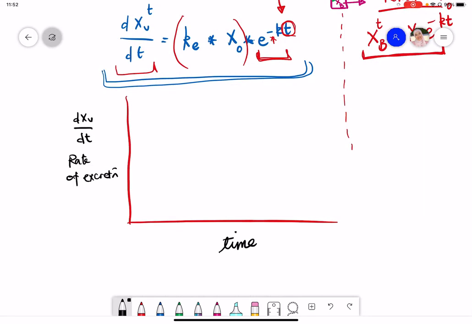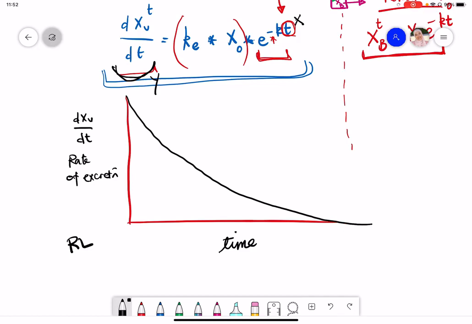Again, I'm drawing this as my y, and this is my x on a rectilinear profile. According to the equation that we have, what would be your profile? This would be again monoexponential and decreasing.